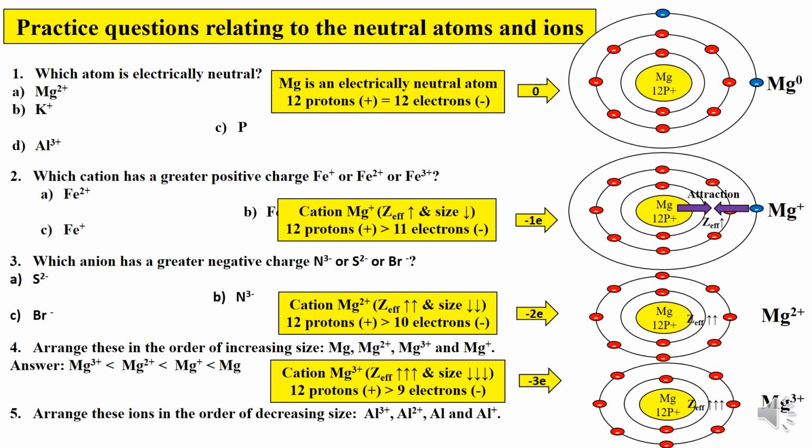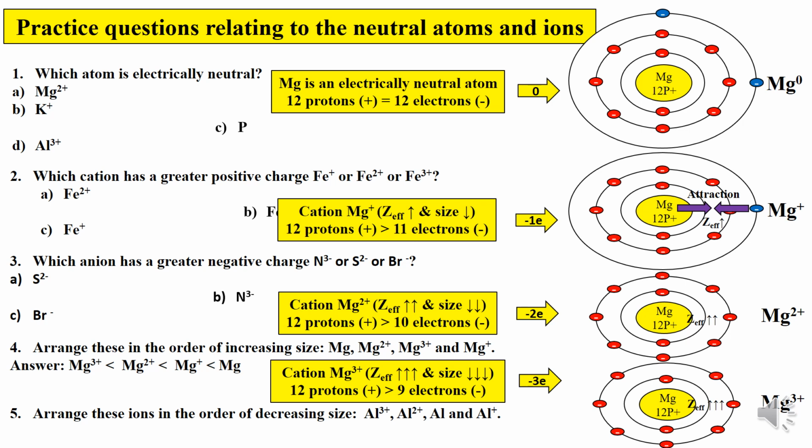So the order is Mg3 plus less than Mg2 plus less than Mg plus, and the neutral atom of magnesium will be the one with the biggest size. The last question, arrange these ions in the order of decreasing size.